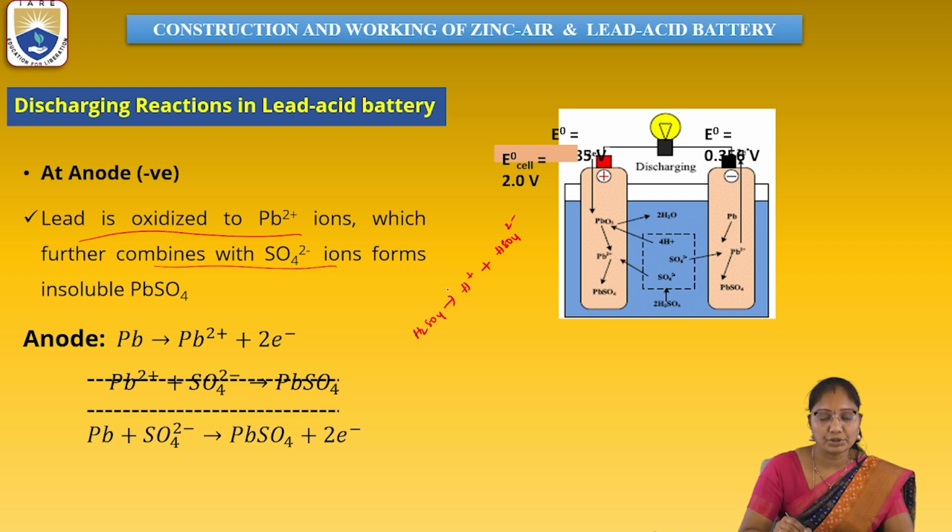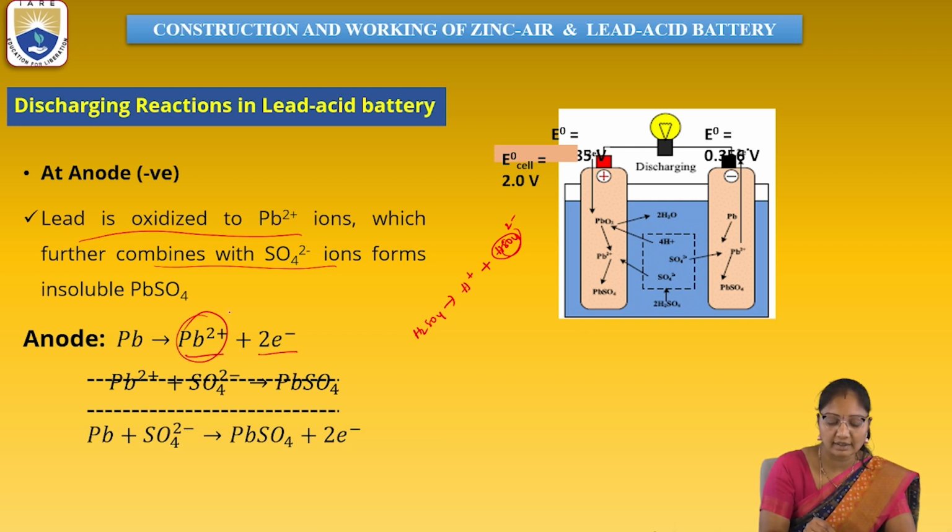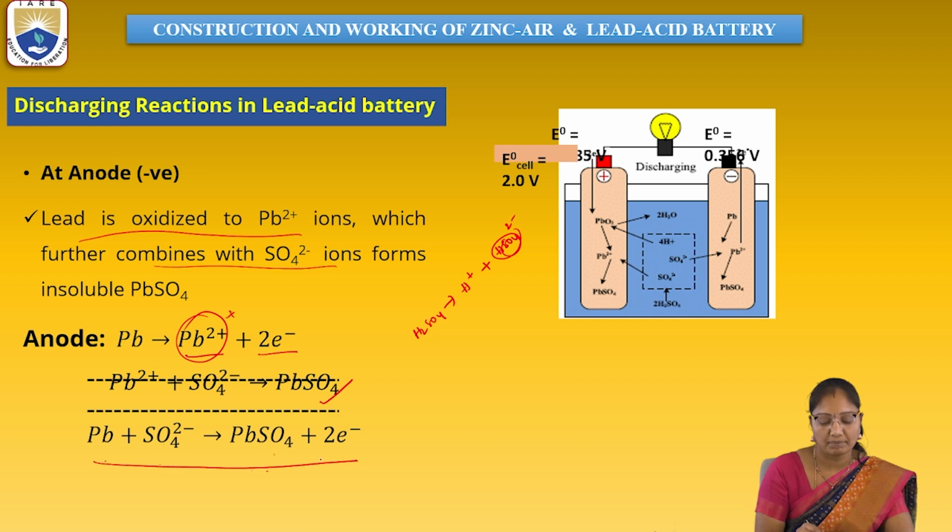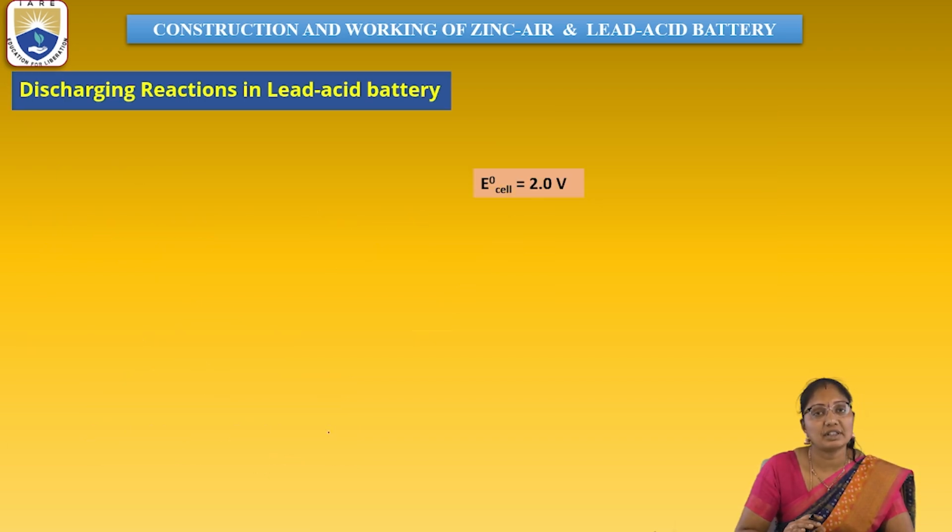These sulfate ions react with the lead. Lead oxidizes to Pb2+ and 2 electrons. This Pb2+ and SO4 2- give rise to lead sulfate, and the overall reaction is lead plus sulfate ions giving PbSO4 plus 2 electrons. This is the reaction at the anode.